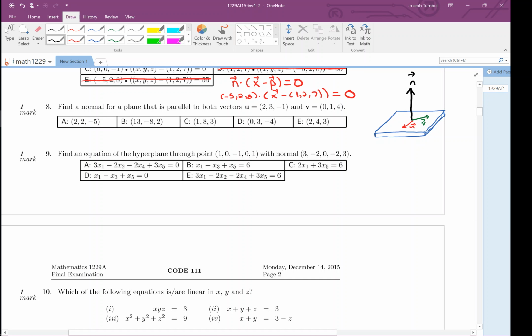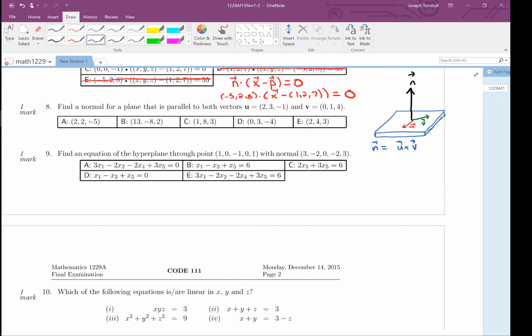And there's several ways to construct a vector that's perpendicular to two other vectors, the simplest of which is to use a cross product. So I'm going to say our normal vector n is equal to u cross v, and it could be a multiple of that. It could be the negative of that, or the positive 2 times that, or some multiple of this cross product.